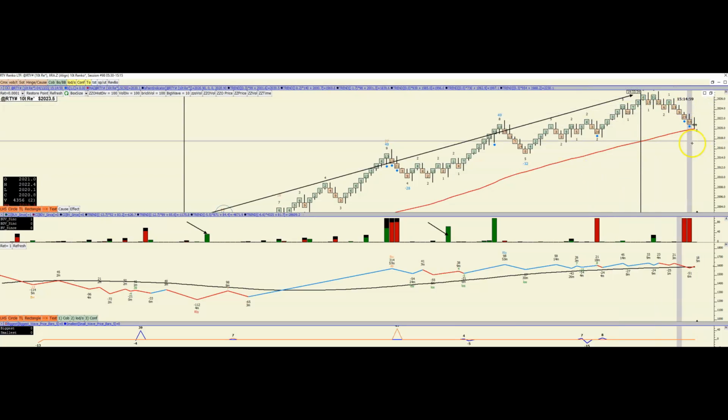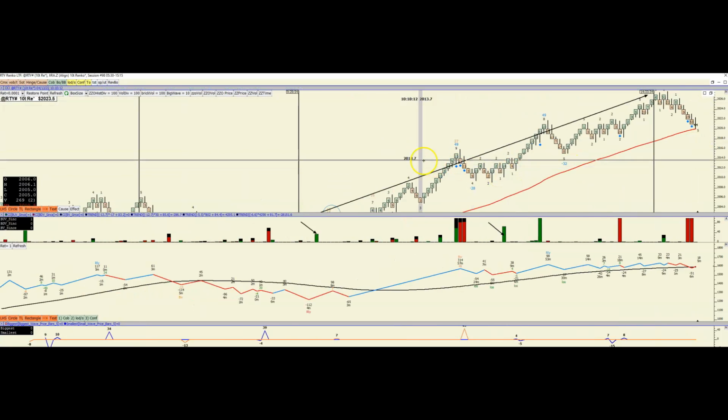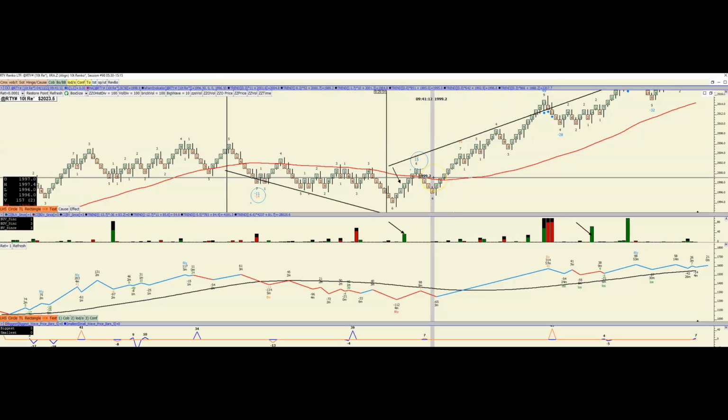I don't know what's going to happen over here, but what I do know is you can gauge supply and demand from waves. This is probably, in my opinion, the simplest way to gauge supply and demand. Are there other ways?